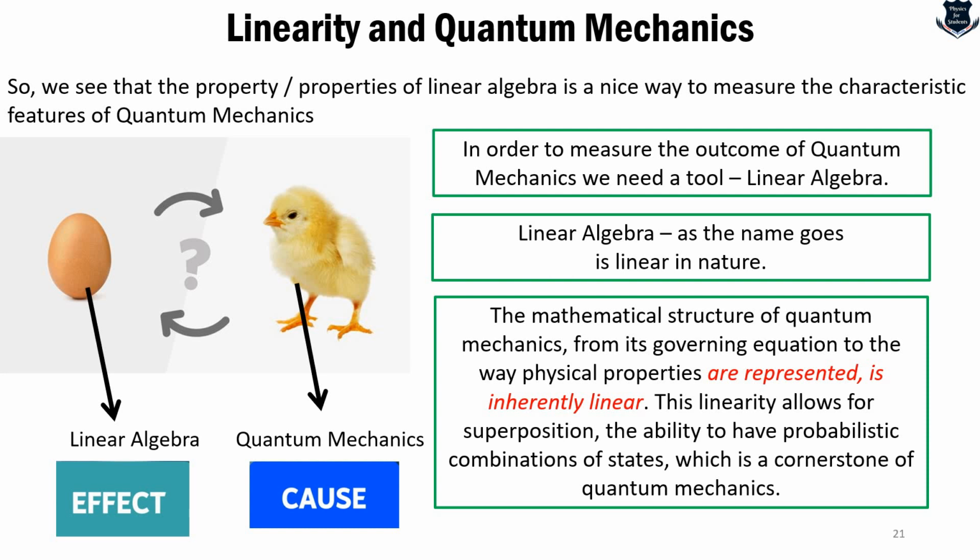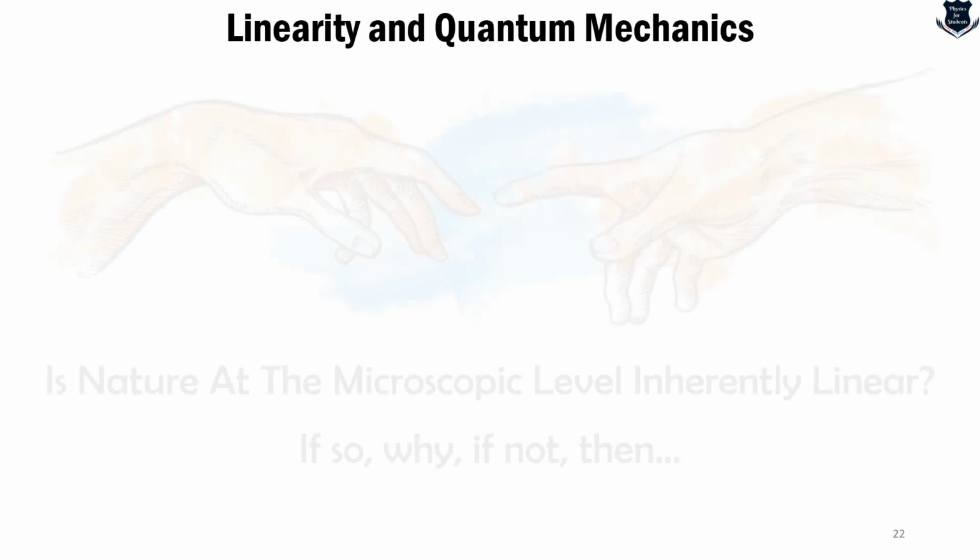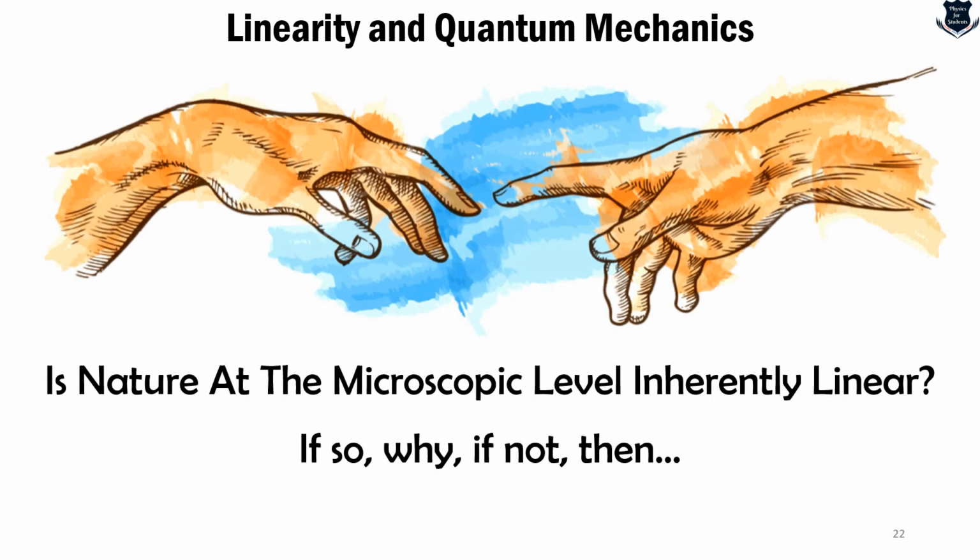And this brings me to a very philosophical question: is nature at the microscopic level inherently linear? Does the grand symphony of existence truly follow a linear score at its fundamental level? Quantum mechanics throws a wrench into this classical assumption. Particles defy our intuition, existing in blurry superposition of states, and probabilities reign supreme.